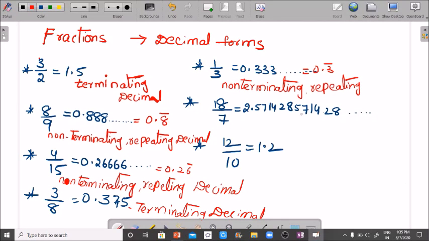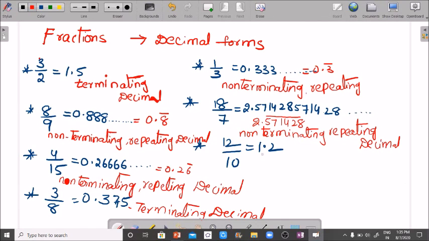This one is also a repeating decimal: 571428 repeats, so it can be written as 2.571428 bar, a non-terminating repeating decimal.